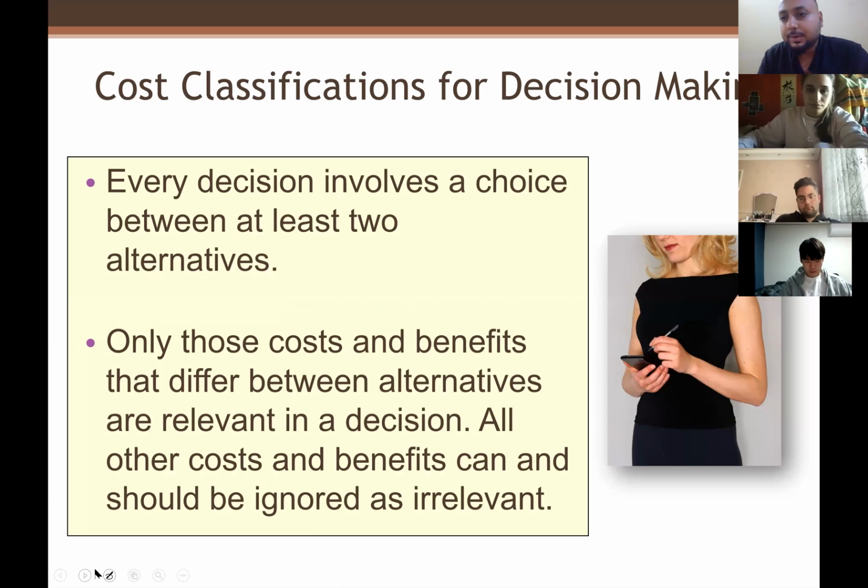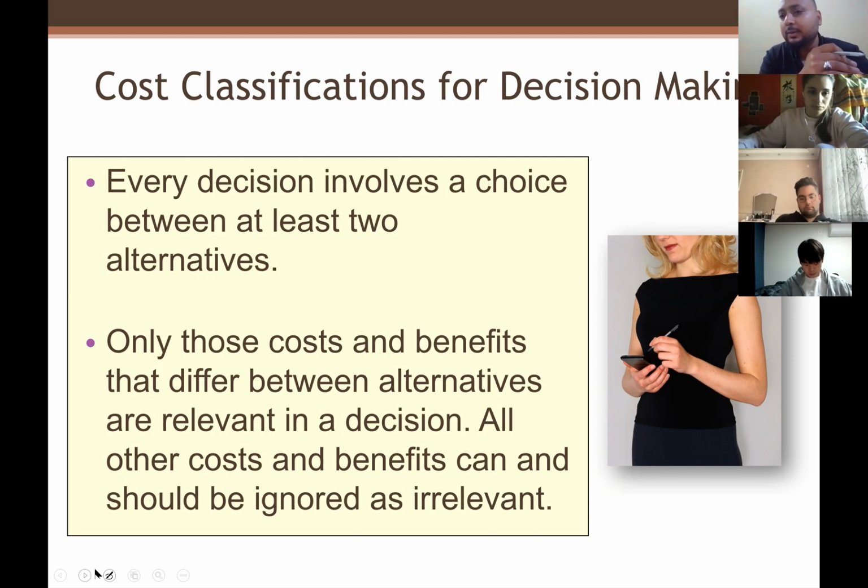Okay, so let's talk about first the opportunity cost. Every decision involves a choice between at least 2 alternatives. We may have more than 2 alternatives, but if we think conservatively, we must have at least 2. Going to college, attending this class, going to the gym, going to sleep, having food, dinner, lunch, breakfast.